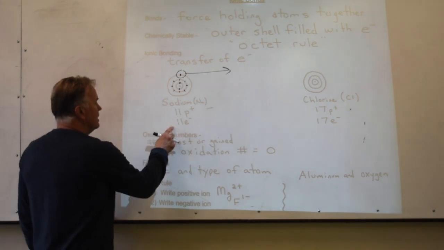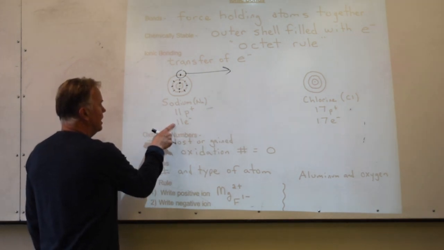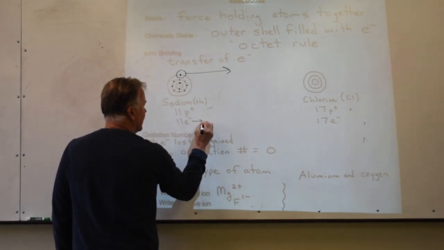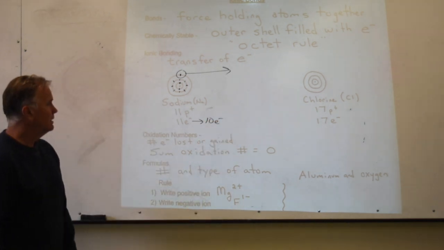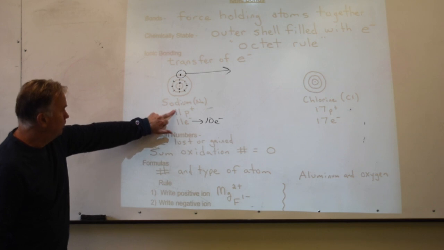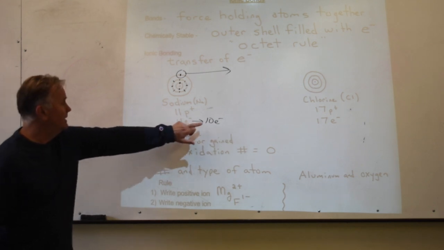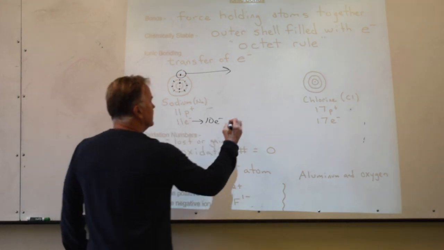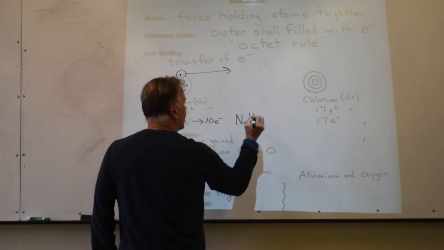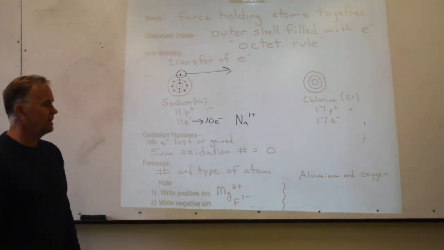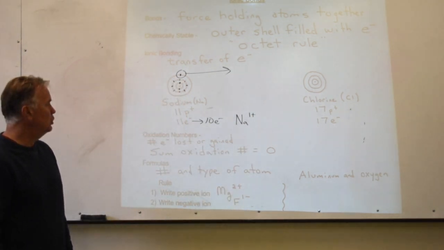So now, instead of being 11 protons, 11 electrons, we're going to make that 10 electrons. So now when you have 11 plus charges and only 10 negatives, it's going to give it a positive 1 charge. Now that can go 1 plus, or sometimes they just put a plus sign, and the 1 is assumed.